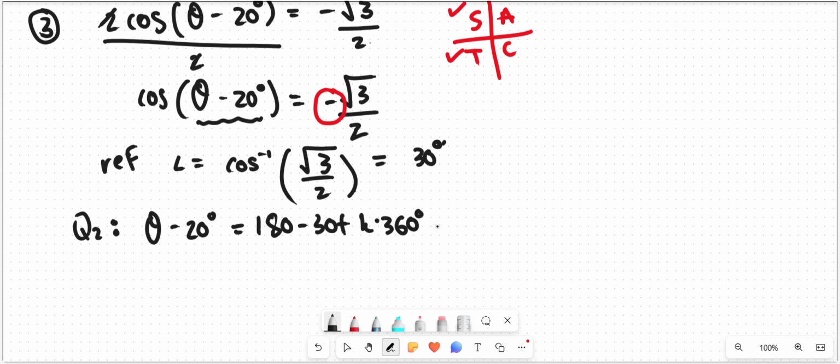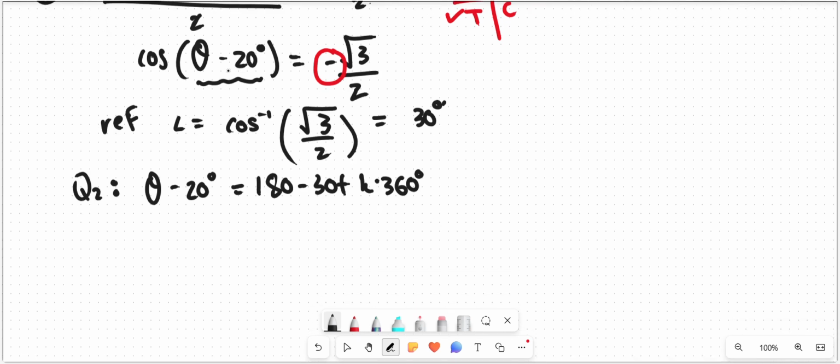I hope you're noticing what's different now. Usually we've always had theta or x inside of there, but this time it's theta minus 20 degrees.